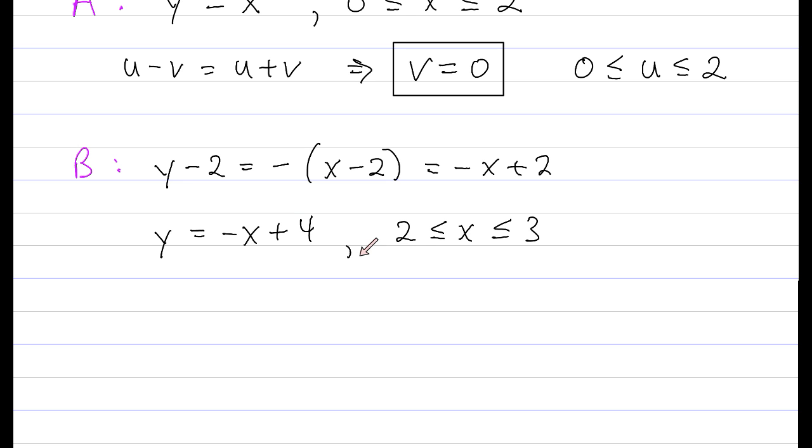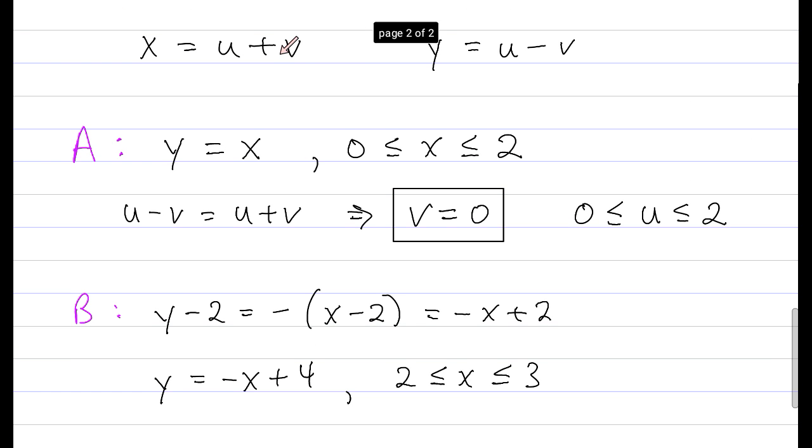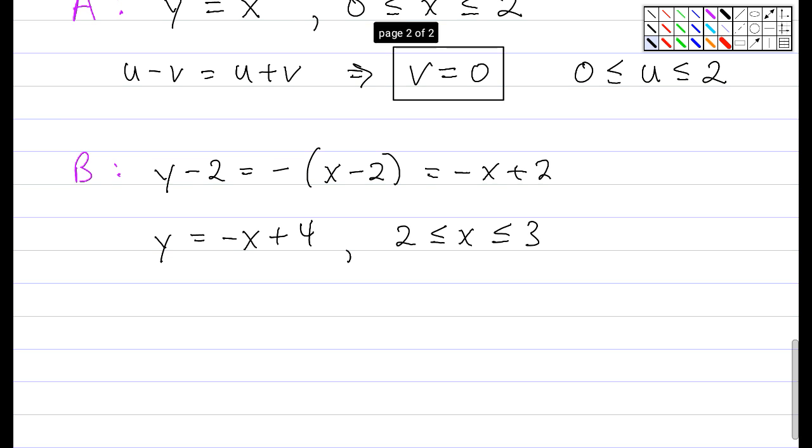All right, so we have to convert this into a u and v equation, both of these things really. Both the equation and the restriction on x, we have to convert into u and v. We're going to do the same thing we did before, which is I use my equations for x and y, plug them in there, see what I get. So y is equal to u minus v, x is equal to u plus v, so that's minus u minus v plus 4.